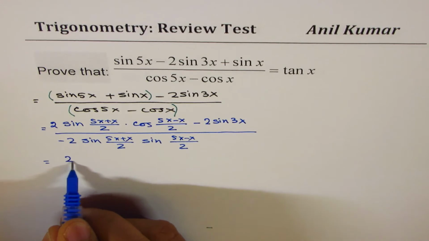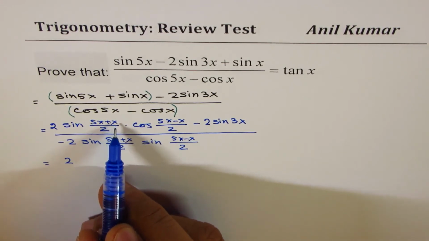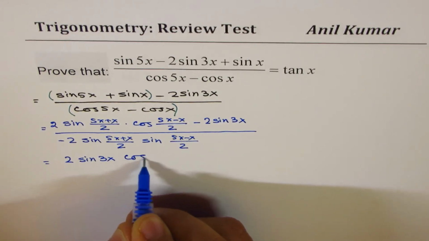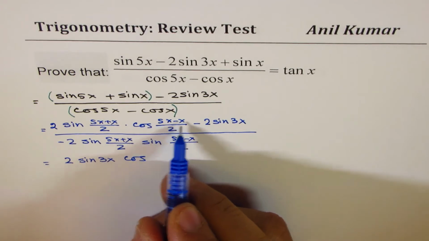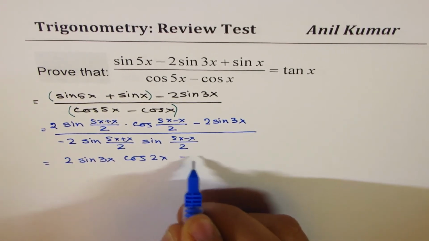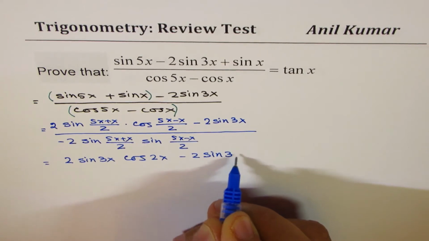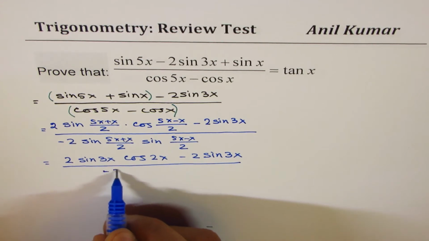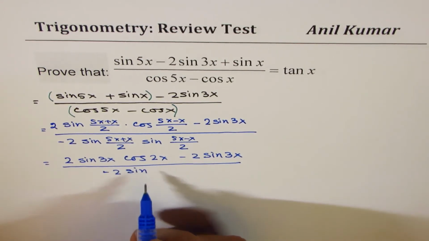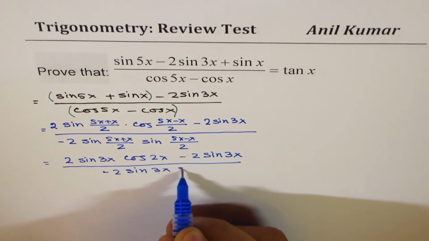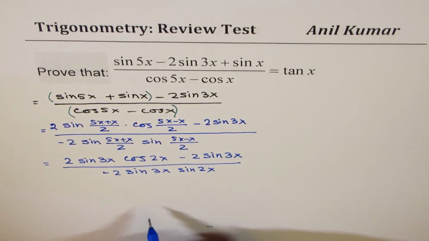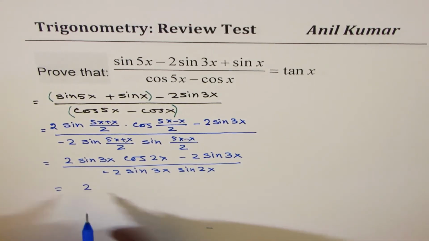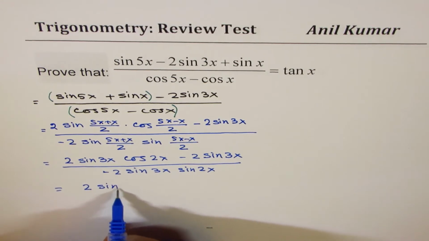So we directly applied the formula to convert from sum or difference into product. Now the numerator gives us twice sine of 6x divided by 2, which is sine 3x, and here we get cos of 4x divided by 2, cos 2x, minus 2 sine 3x, divided by minus 2 sine 3x sine 2x. Correct. Now sine 3x is common, so we'll take 2 sine 3x common.